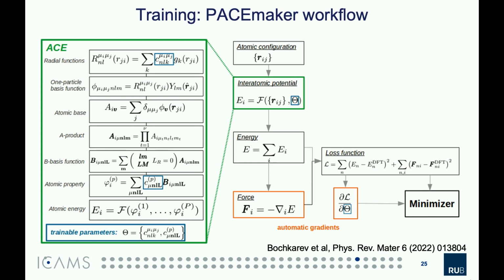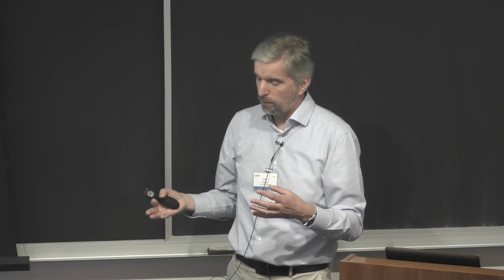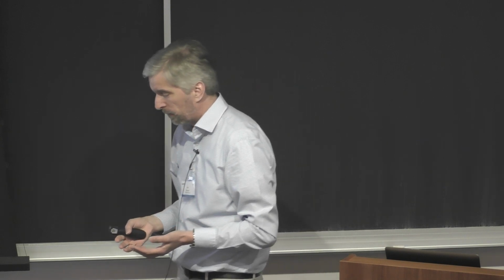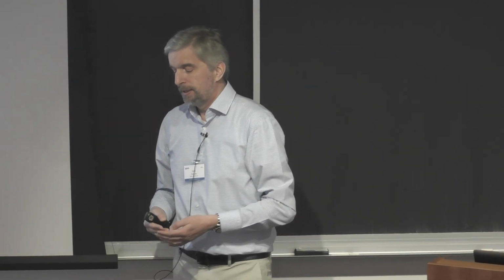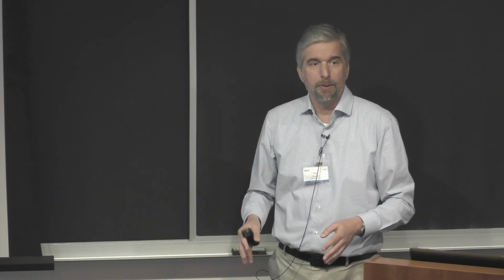One thing that we typically do is, when we say we're not interested in very high energy structures for typical applications, we give these high energy structures less weight, and in this way, we balance the reference data a little bit, so that adding new data doesn't distort the current fit completely. But that's all I can say.